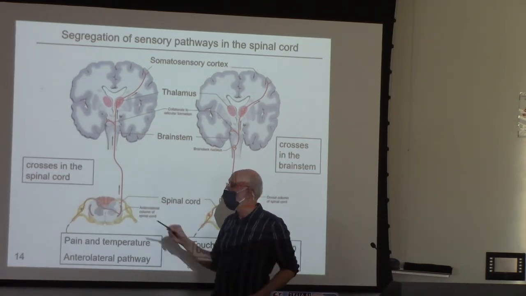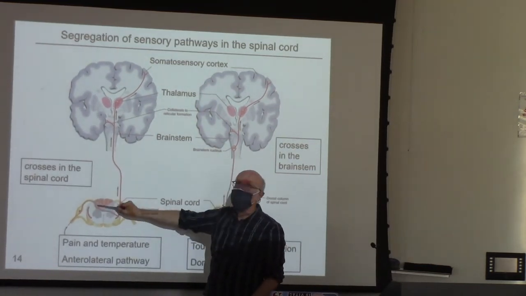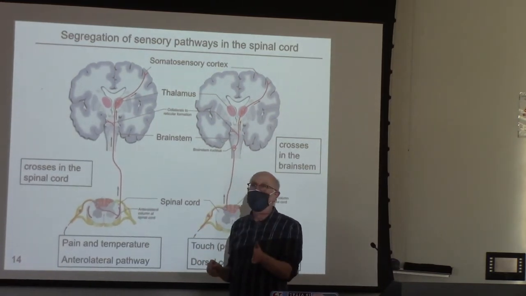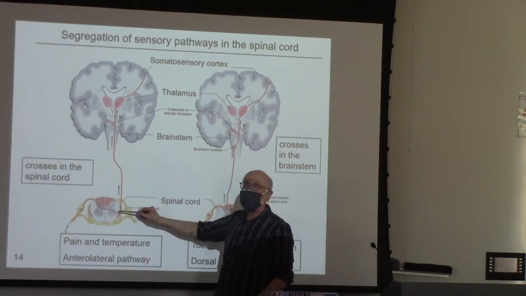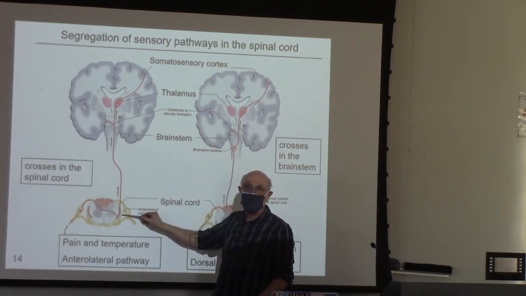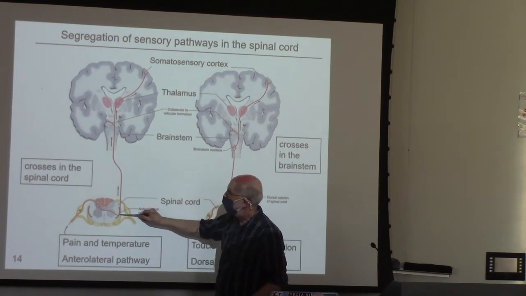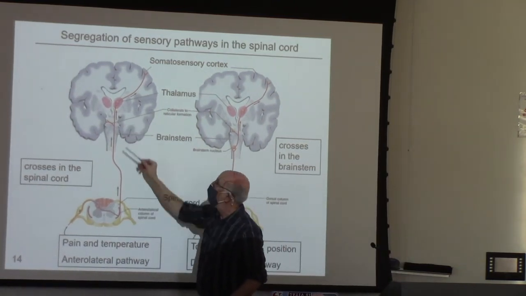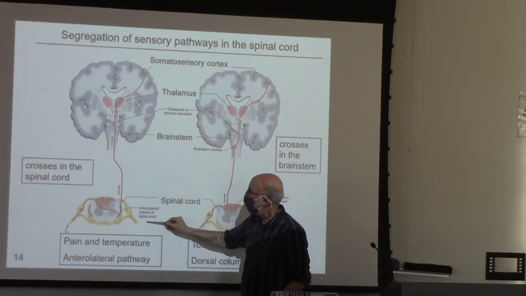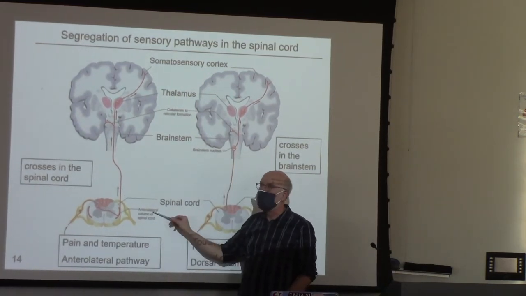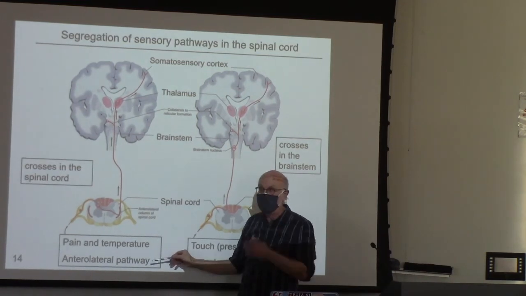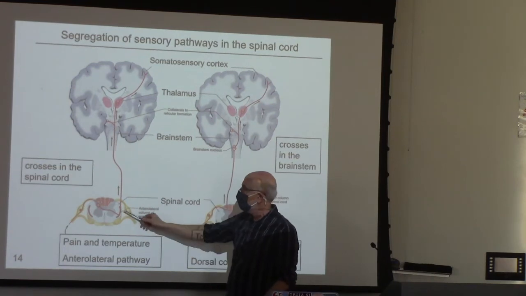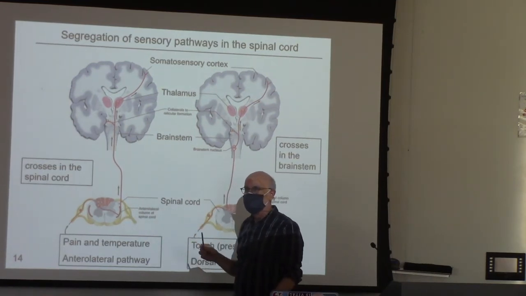The point is, in the pain and temperature pathway, the first synapse is in the dorsal horn, and the second neuron crosses over right there. It crosses over to the other side of the spinal cord, and its axon, now in white matter, goes up to the brain in a structure called the anterolateral column, or the anterolateral pathway. It's anterior and lateral. This cartoon doesn't do it justice. I'll show you more in another cartoon.